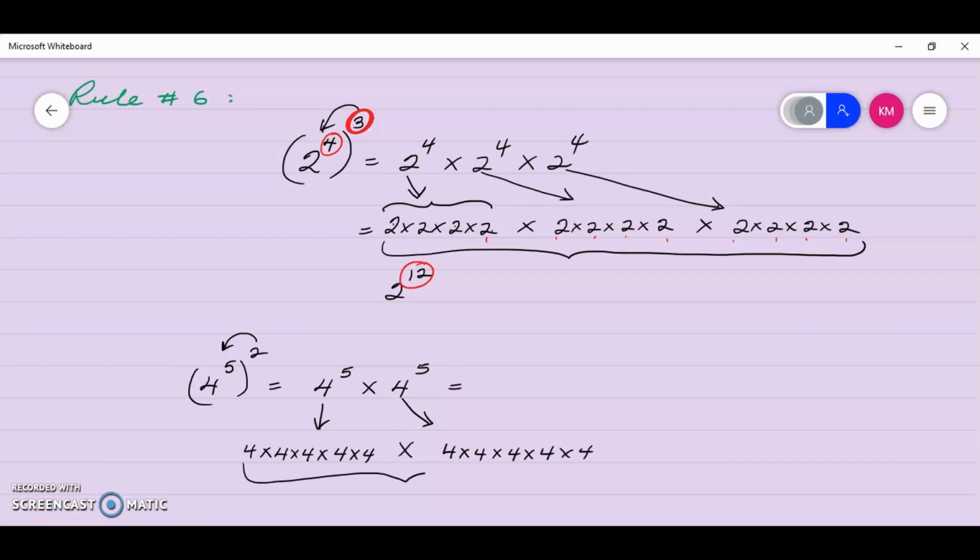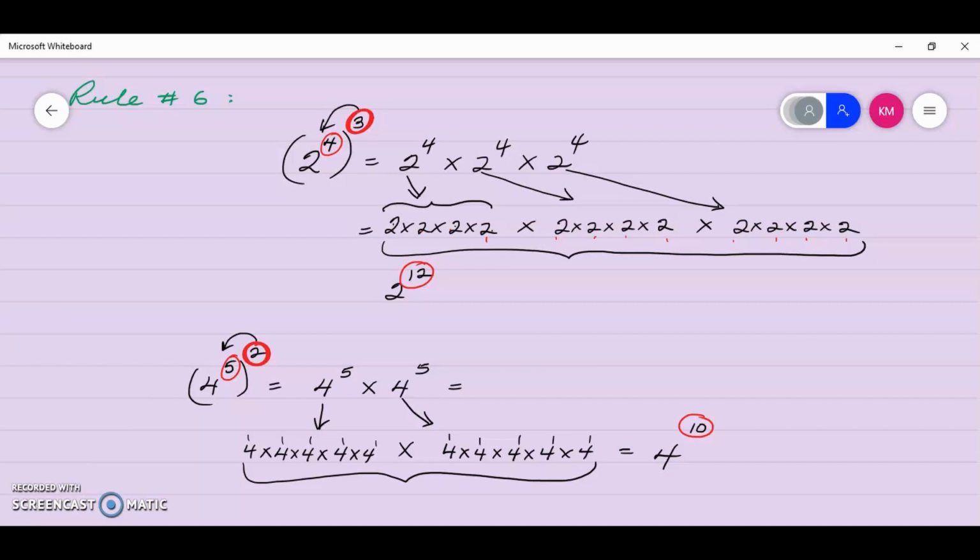So how many times in total am I multiplying 4? 1, 2, 3, 4, 5, 6, 7, 8, 9, 10. So it's 4 to the power 10. So let's examine these. I have 5 and 2 and I got 10. So yes, we did multiply 5 by 2.